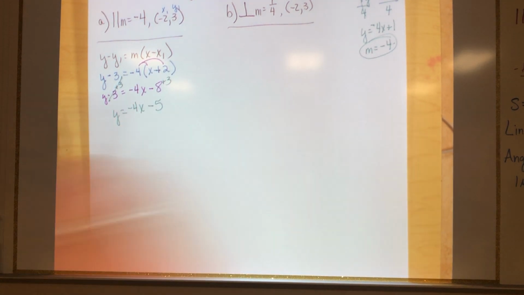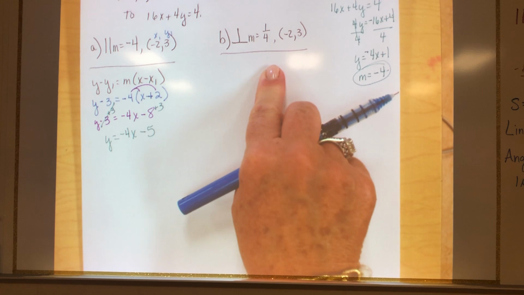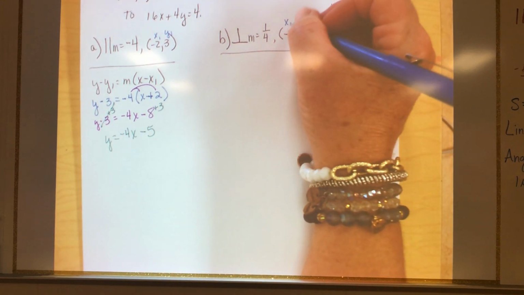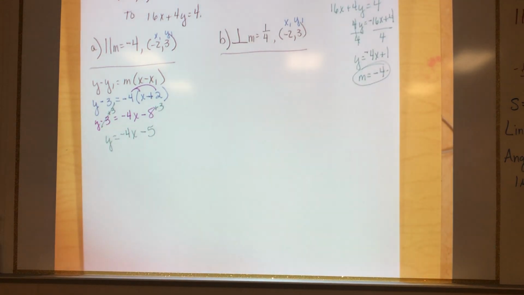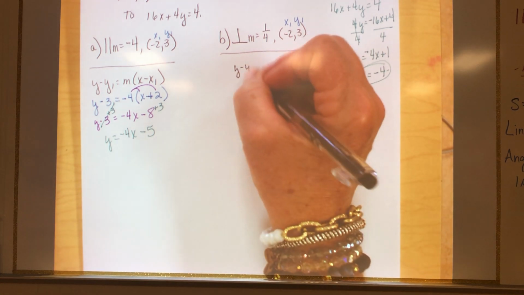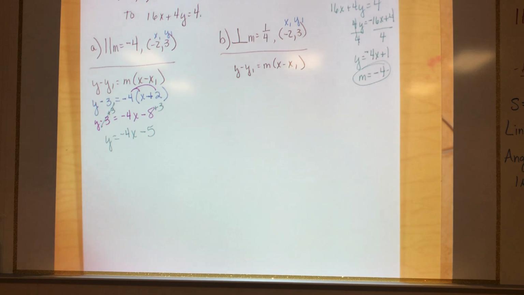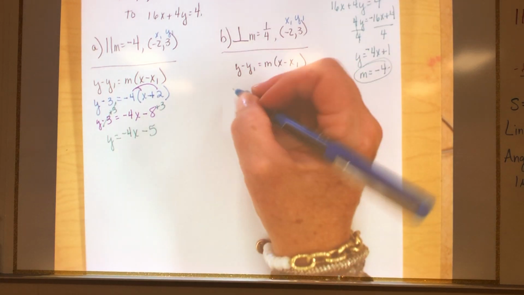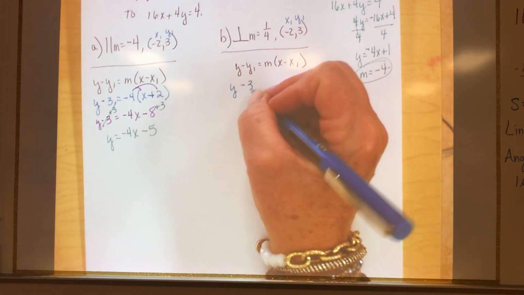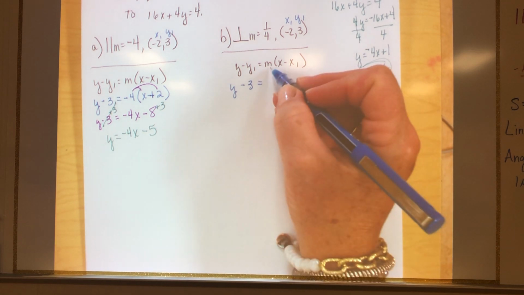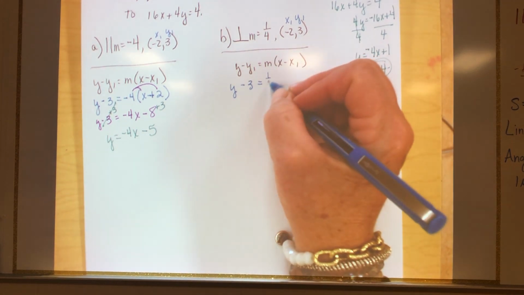All right, so I'm going to go over here and I'm going to do this guy. Okay, this is my x sub 1, y sub 1. My formula is y minus y sub 1 equals m times x minus x sub 1. Gonna plug them in. Y minus 3 is equal to m, 1/4.